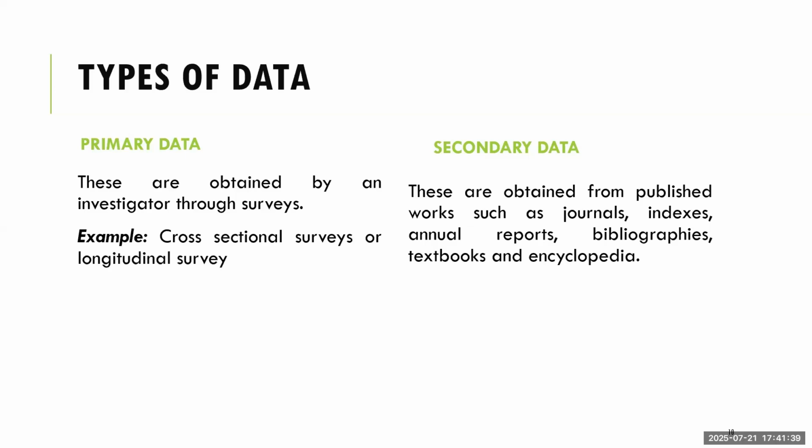Secondary data sources are data that is readily available from hospital records, clinic registers, cancer registries, bibliographies, published works, textbooks. So you can extract the data from these sources and perform secondary analysis on the data.